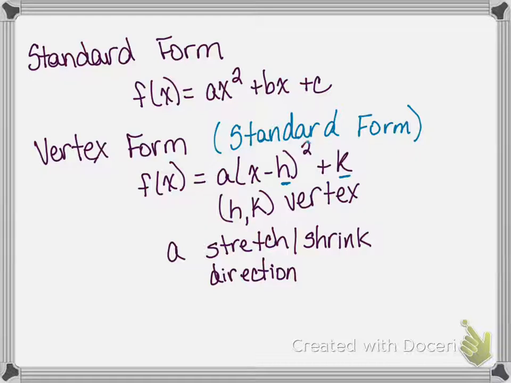Now, we're going to talk some about this a value. We didn't do any stretching or shrinking with that a value, but we did have positive and negative. When that a value was negative, what was happening with my parabola? It was flipped. It opened down. So, we're going to write that right here.